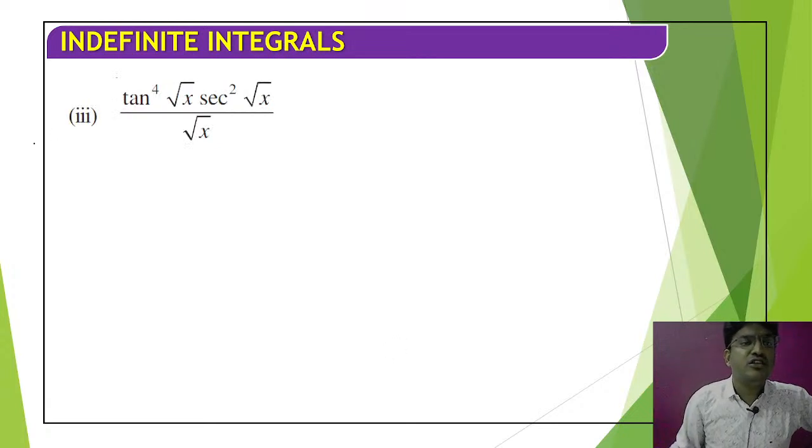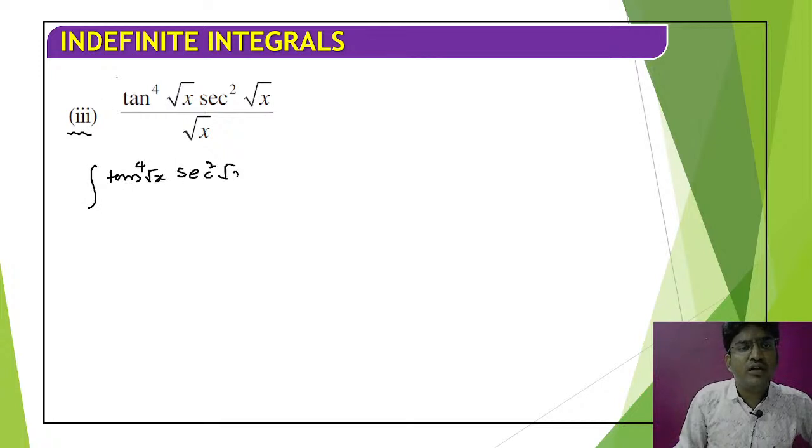And in the third problem, what I have to put for t, you have to tell. So here, integration of tan raised to 4 root x, secant square root x, divided by root x, with respect to dx.